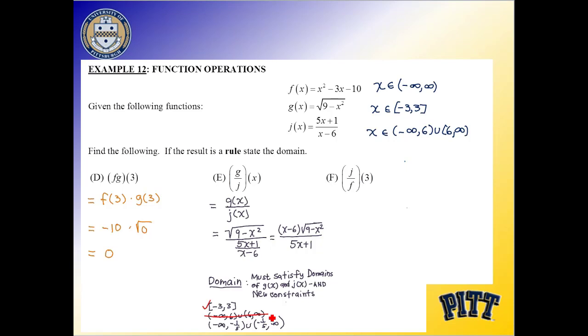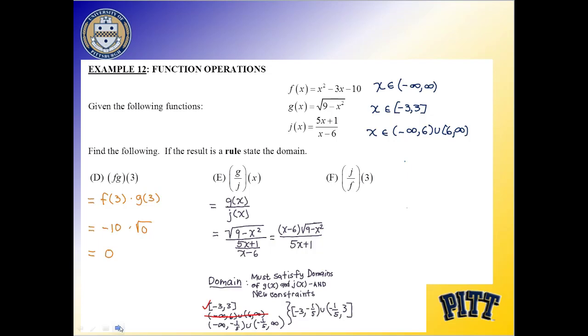So I've got to take that -3 to 3 and say, okay, it's going to be that, but now I've got to throw out the -1/5. The way I would represent that is to say this: I would go from -3 including it to -1/5 excluding it, and then do a union of that with the interval starting at -1/5 not including it and going up to 3 including the 3.